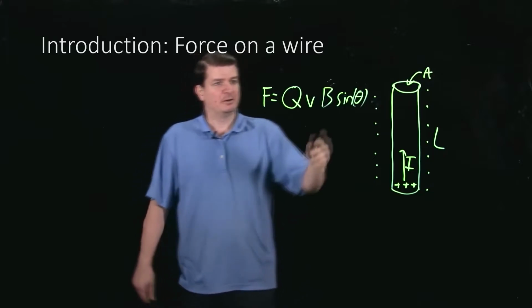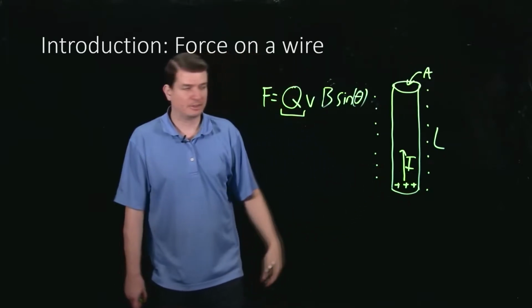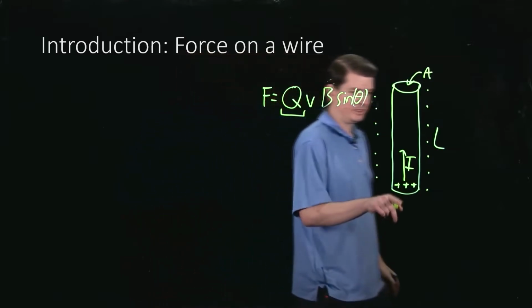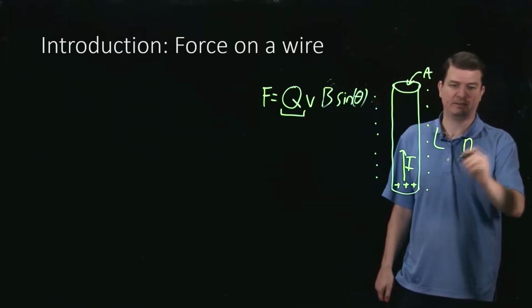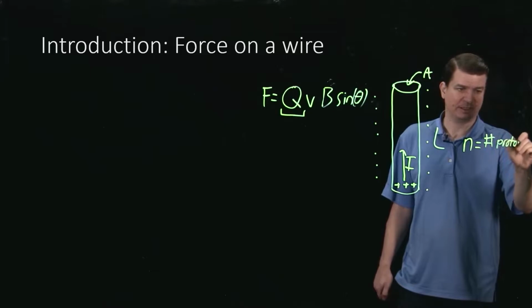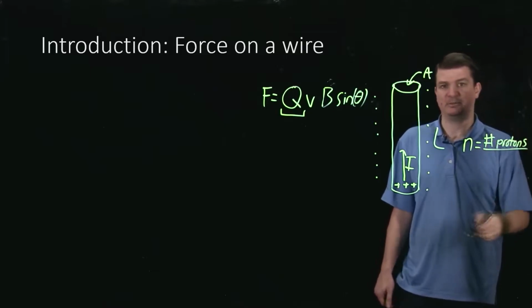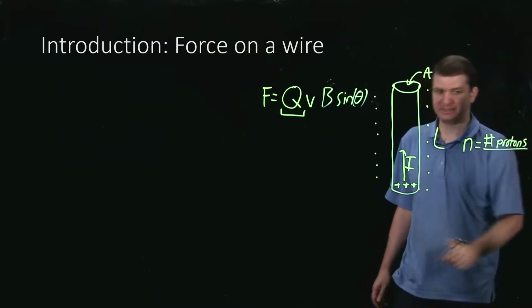All right, what is the total charge Q that is flowing through here? Well, let's imagine that in this wire, I've got some number density of protons. So I'll talk about n. This is the number of protons. And why are we talking about protons? Well, again, by convention, we're thinking about positive charges flowing, even though we know it's not true, that's the way everything is defined.